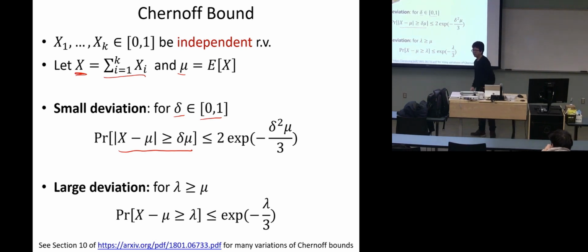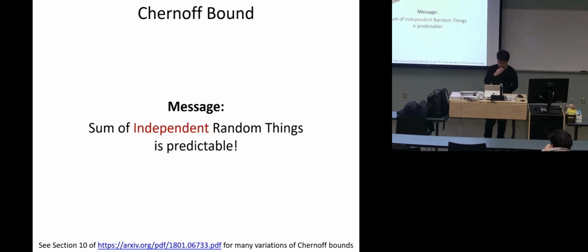You can look them up, for example. But the message is that the sum of independent random things is basically quite predictable. You can know with very high probability that it's going to be very close to the expectation. So massive randomness is not that random.